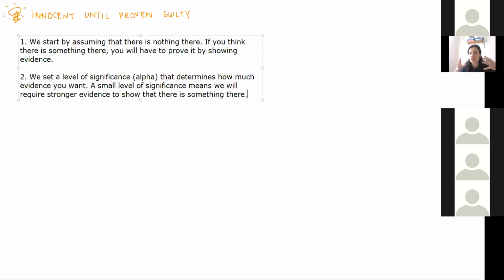So if you have a large level of significance, you need some evidence, but if you have a small level of significance, that means you want to be more precise, which means that you're going to need more evidence, stronger evidence, a more decisive result, a more extreme result in order to conclude that there is something there, okay? So higher level of significance means you can have some evidence and that might be enough, but if you set your level of significance smaller, then that means that you will have to show more evidence, stronger evidence, more convincing evidence before you conclude that there is something.